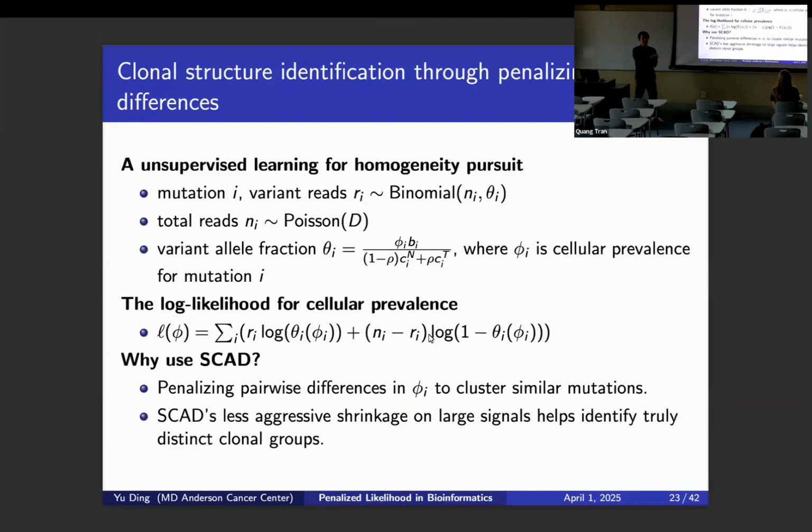This is one of the research projects in Dr. Wen Yuan's lab, and I'm still working on the explanation of this research. It's called clonal structure identification through pairwise difference. In this research, what we would like to do is unsupervised learning for homogeneity pursuit of different mutations.